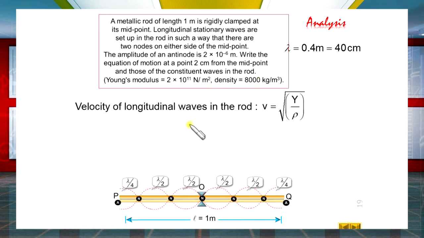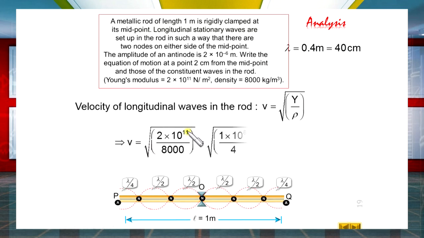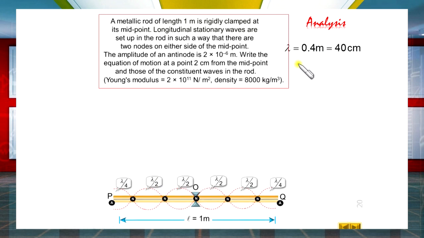So let us substitute the numerical values here, right? So after solving this should be equal to 5000 meter per second. This is the velocity of the wave in the rod, right? So let us write the velocity of the wave here, v equal to 5000 meter per second.